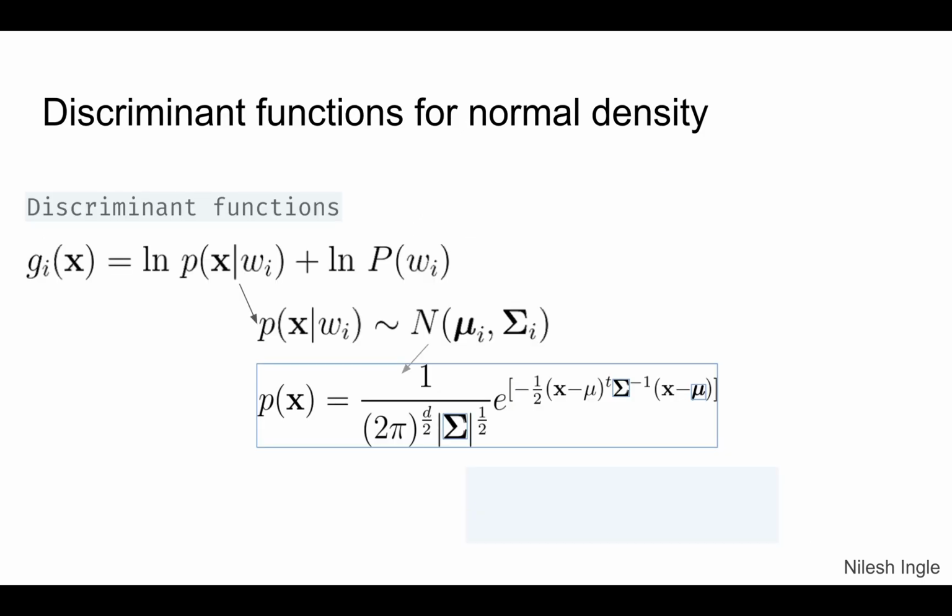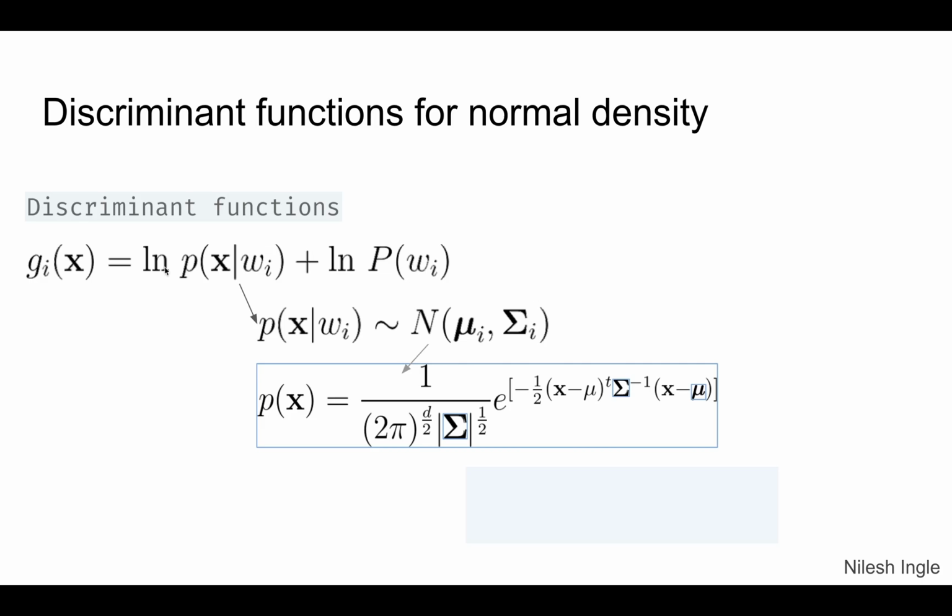Now, the discriminant functions, we have seen some examples earlier. So here we have the discriminant function for normal density, and the relation is given here, which is natural log of the conditional probability plus log of the prior values. We have seen this first part earlier.